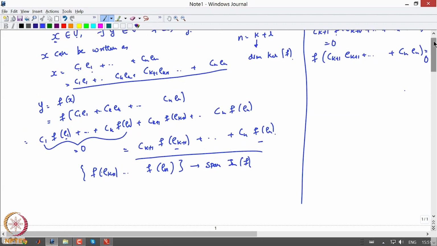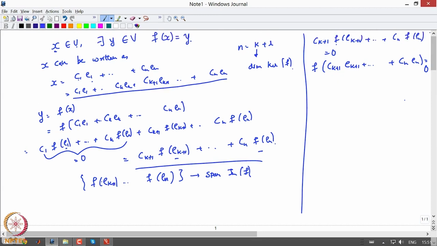Now, going by the definition of the kernel, this would suggest that this particular vector is an element of the kernel of f.